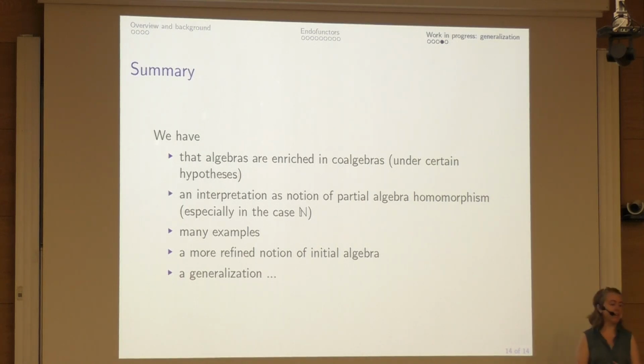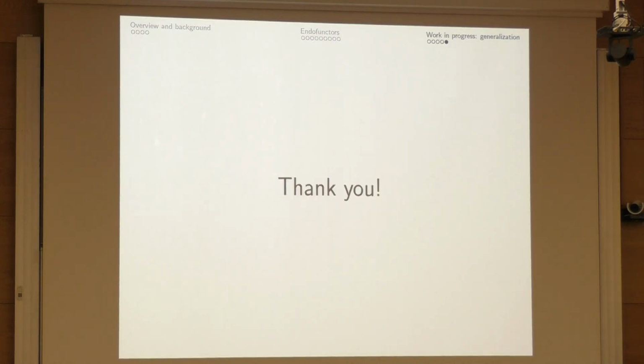And of course we want to generalize this and understand exactly when we see this phenomenon occurring in category theory, because from all the papers that I listed, we see that it does occur quite a bit. Okay, that's it.